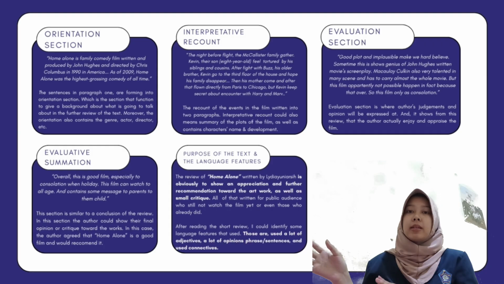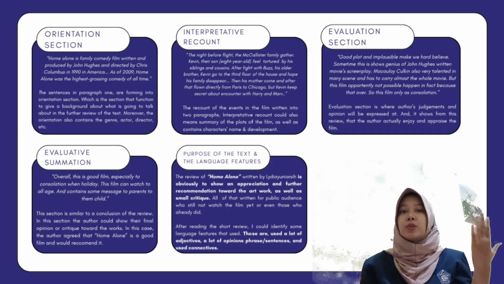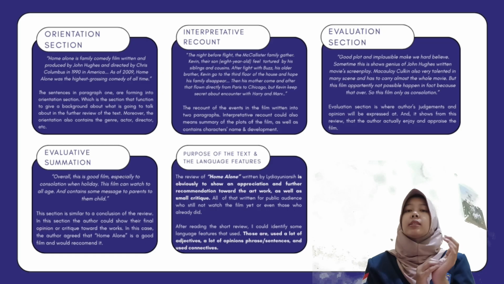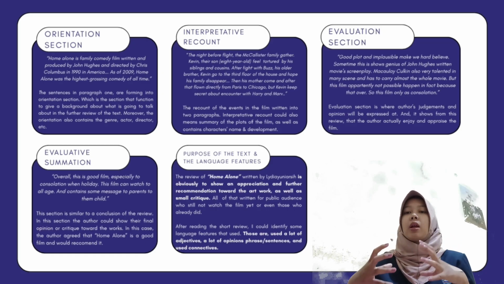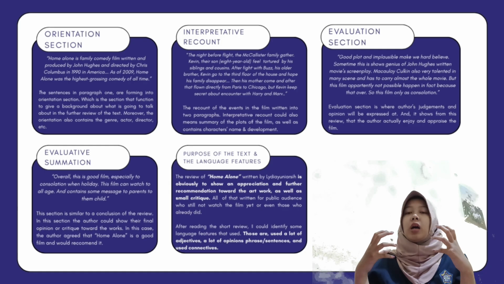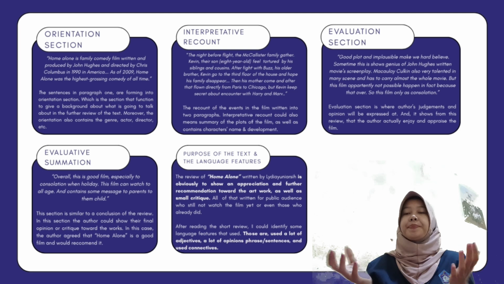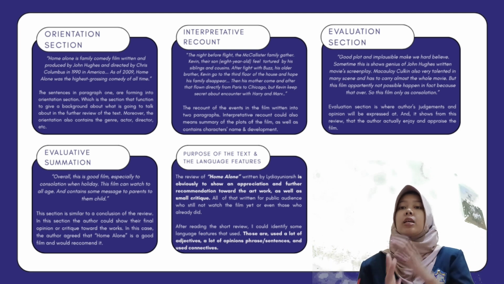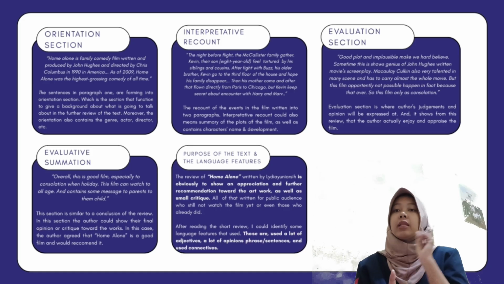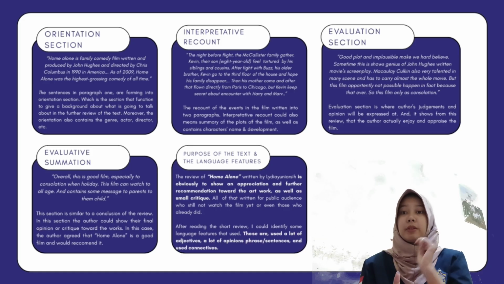And then the next section is the evaluative summation. In this section is where the author's final opinion is expressed. And the last section is the purpose of the text and the language features I found in the review text.